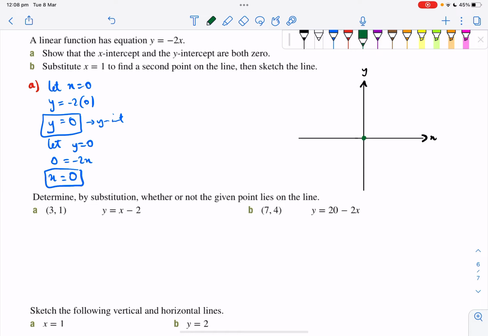If I put both points here, well, how do I know which way the line is going? Is it going this way? Or is it maybe going that way? It's hard to tell. Okay, so that's not enough.